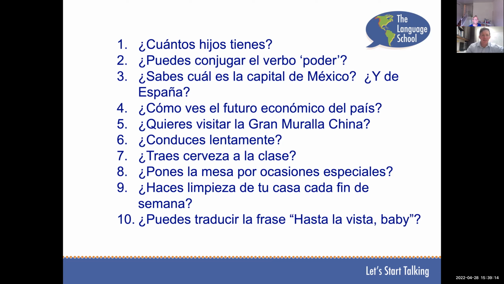To translate. How do you say see you later, baby? It's really not a real Spanish phrase. Like what Arnold Schwarzenegger made famous in Terminator, right?